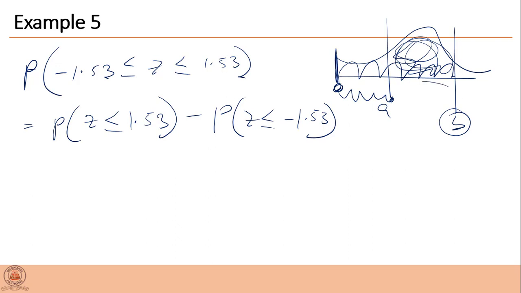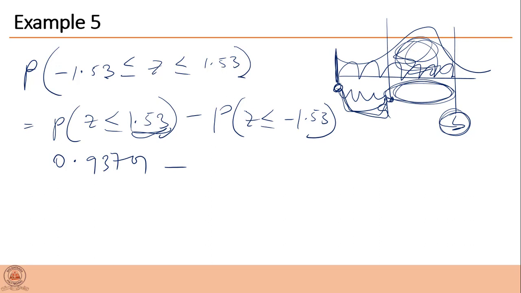So to get in between a and b, we simply have to subtract this from that which we obtained from b, and that will be equivalent to the area that is between a and b. So that is exactly what we have just done here. So if we refer back to the normal distribution table, 1.53 will give us a probability value of 0.93701 minus the probability of negative 1.53.